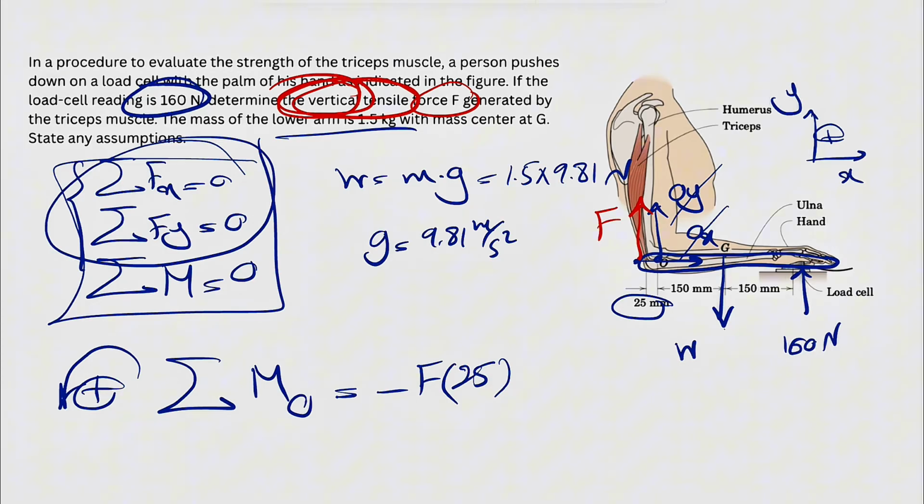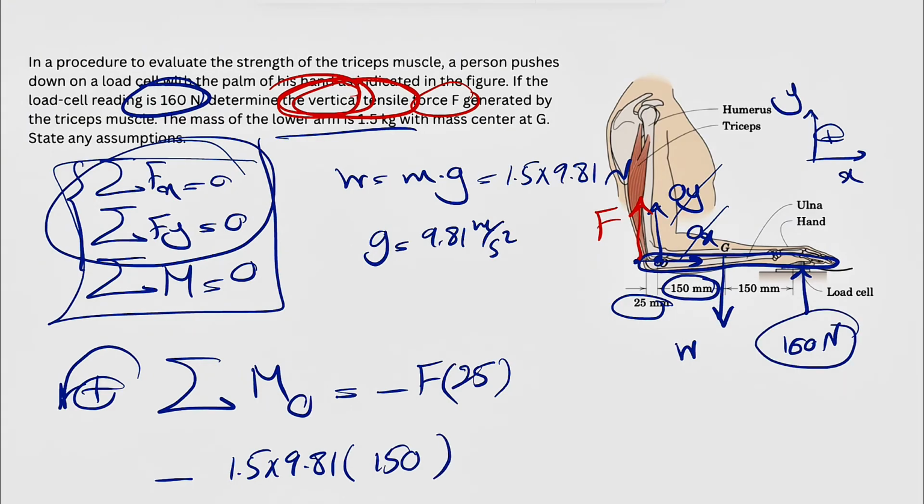We have the moment of the next force, or the weight. This one's also clockwise, so another negative moment, so minus the weight, 1.5 times 9.81, and again the vertical distance from the point O to the line of action, this time 150 millimeters. And the last one would be the force of the load cell, which is going to make a counterclockwise moment, so plus 160, and the distance would be the distance from O to where the load cell is located, so 150 plus 150, or 300.